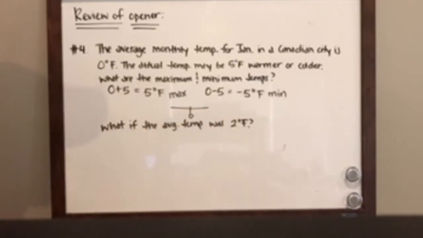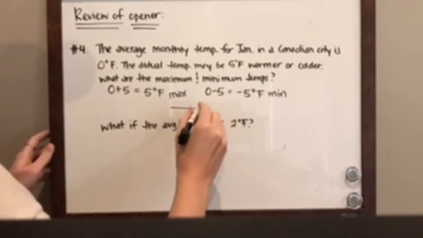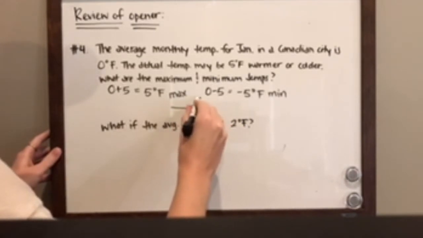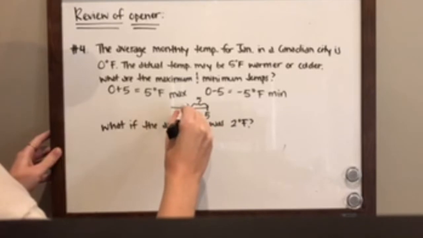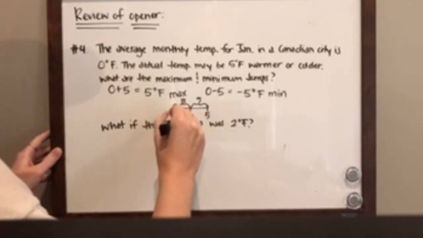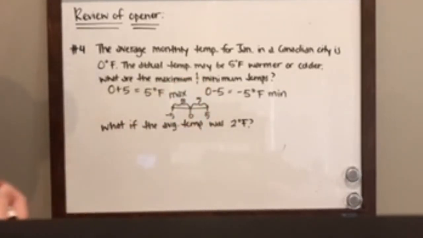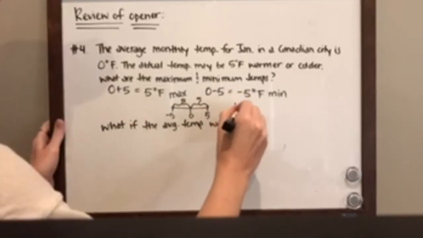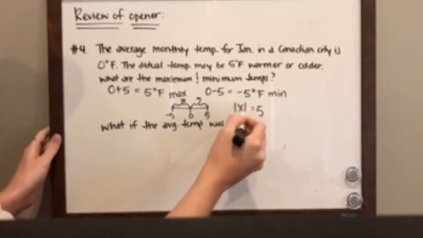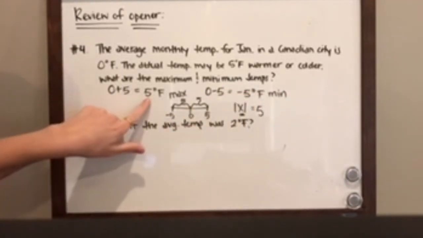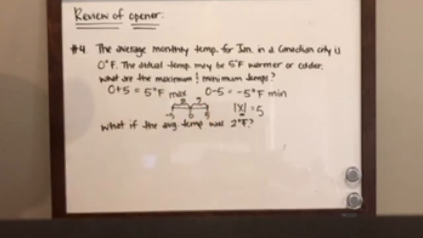So this kind of follows the same rule as absolute value. If 0 is my temperature, I can go 5 in this direction, which gives me a positive 5 degrees. I can also go 5 in this direction, which gives me that negative 5 degrees. So if you wanted to write an equation for this, you could say that the absolute value of x equals 5, because x could give you a positive 5 or it could give you a negative 5.